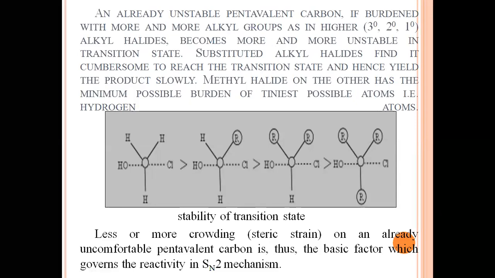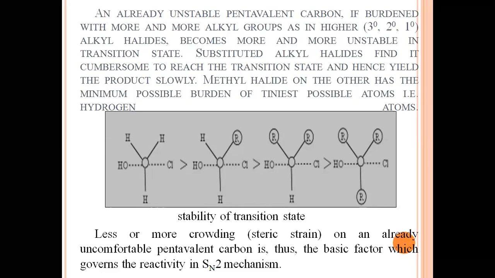An already unstable pentavalent carbon. Now, what is the transition state of the mechanism? The pentavalent carbon. An already unstable pentavalent carbon, if burdened with more and more alkyl groups, as in tertiary, secondary, and primary alkyl halides, becomes more and more unstable in the transition state.